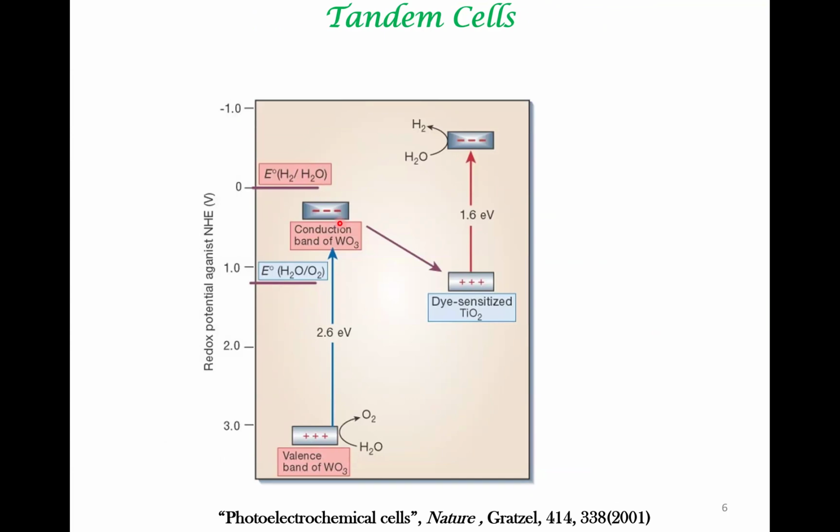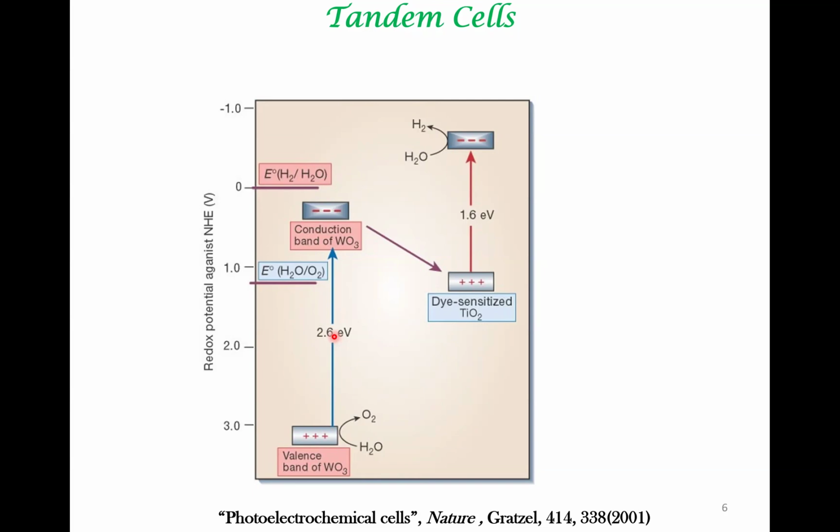So this constraint of band edges has been addressed by a tandem cell. Okay, so for example, here you have tungsten oxide. The valence band edge of tungsten oxide is well suited for doing one of the reactions, let's say oxygen evolution, and it has a good band gap, right? It's a band gap of 2.6, which is good.